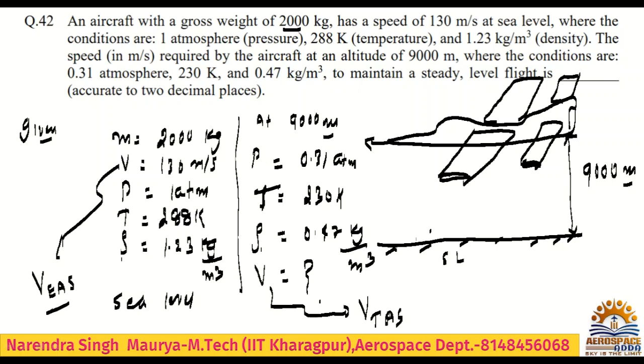Because till now we have solved 2-3 problems based on true air speed and equivalent air speed. Now the same concept you have to apply. What is the concept? Dynamic pressure must be the same, you make it equal.